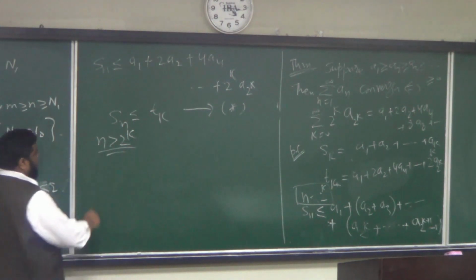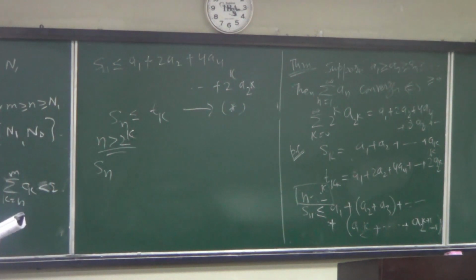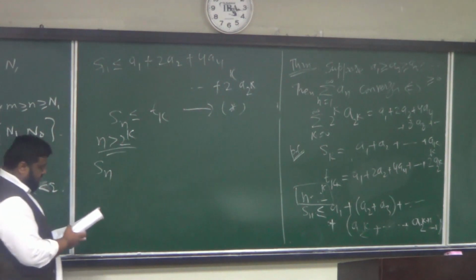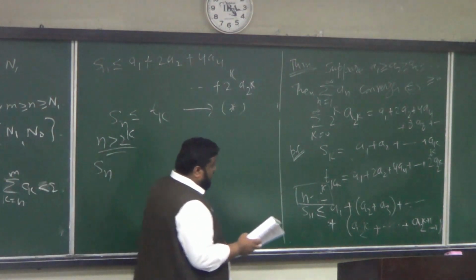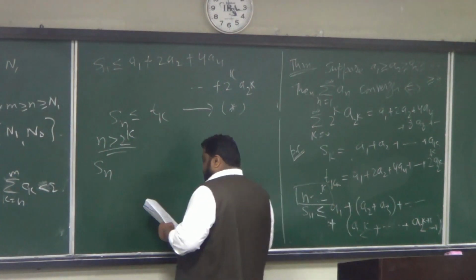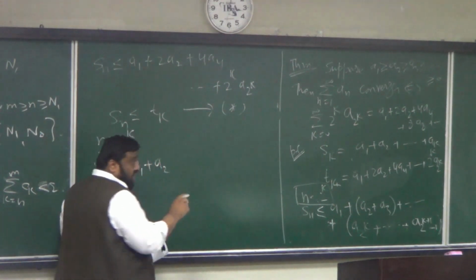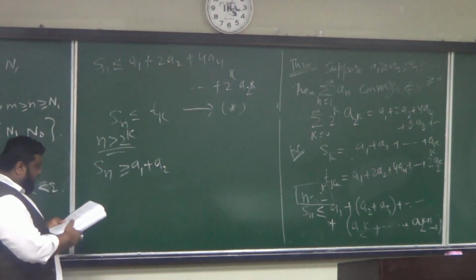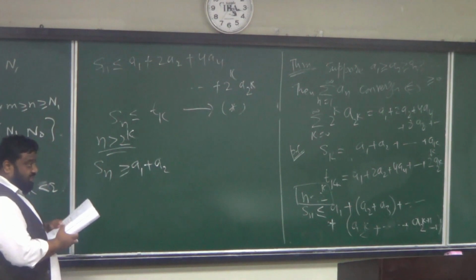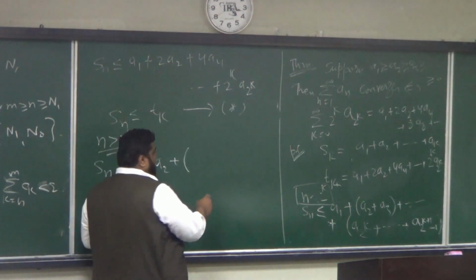If this is the case, what would be the relationship between Sn and Tk? Sn is bigger than or equal to A1. I know it's been boring, but it makes sense. At least I need to convince you of what I'm doing.